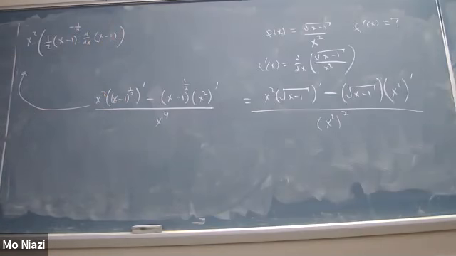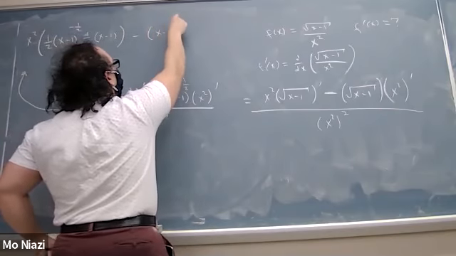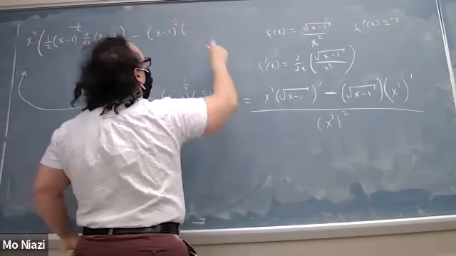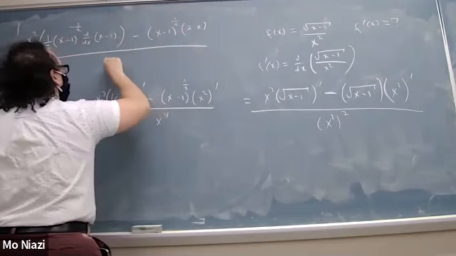The derivative of x is just 1. But notice we're using the chain rule. Minus, and the derivative of x squared is 2x. Everything over x to the 4th.